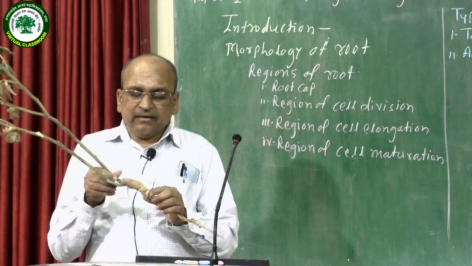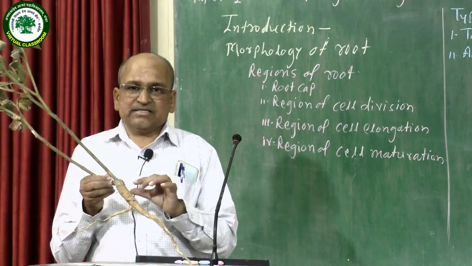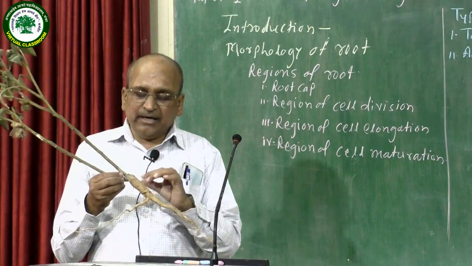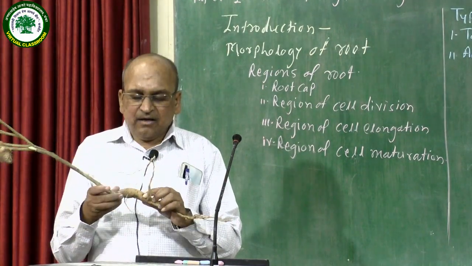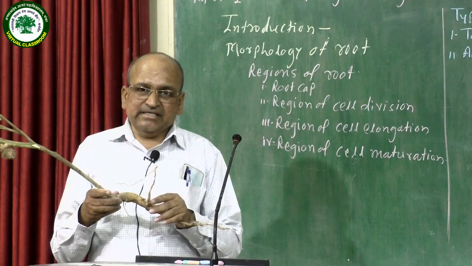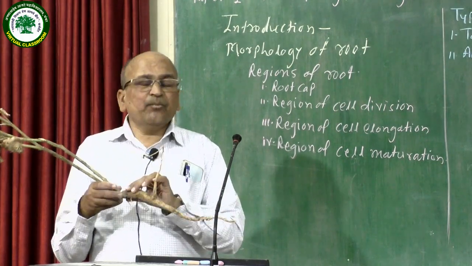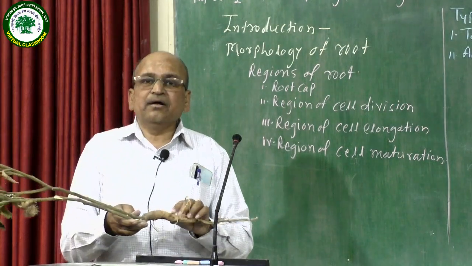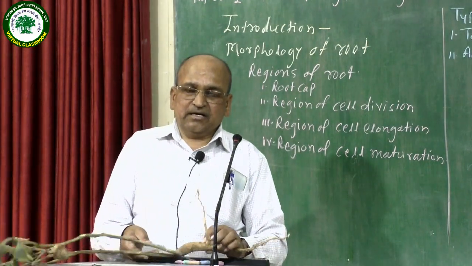Along with this, small hairs on the epidermal region start to initiate, meaning a number of root hairs appear in the region of cell maturation.